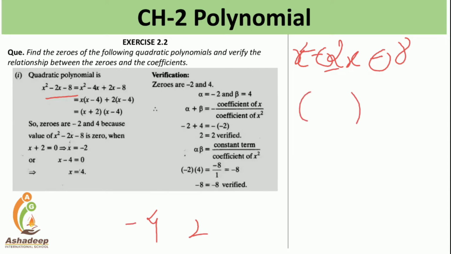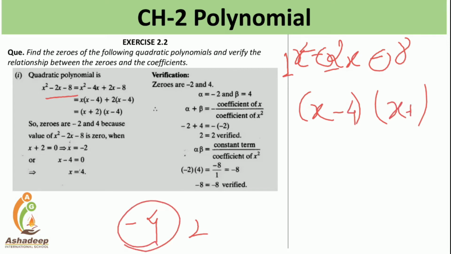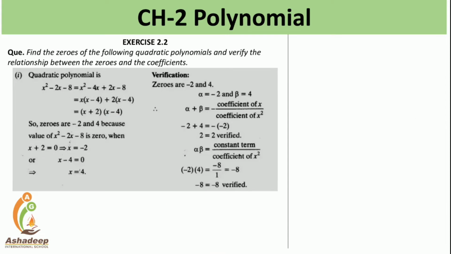And as x has coefficient 1, we can directly write the answer: x minus 4, because here it is a minus, and x plus 2, right? So these are the two factors. You can factorize it in so many ways, right? You can just go the way which you are comfortable with.